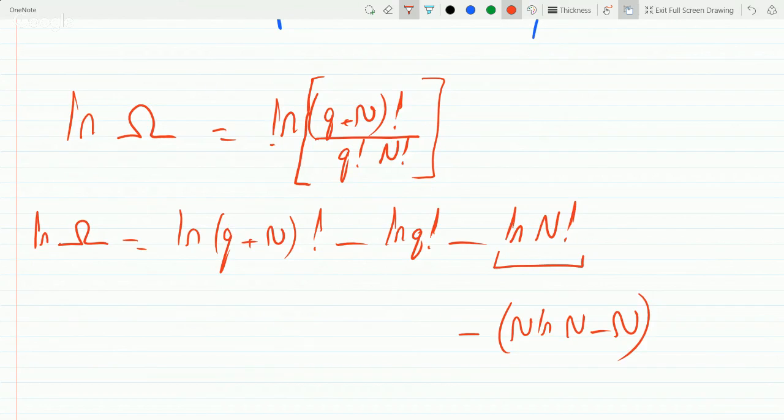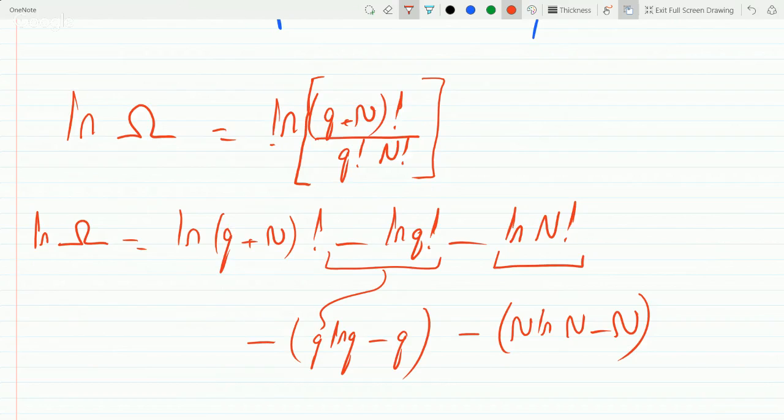The factorial goes away. And then we can do the same exact thing with this guy here. So this becomes minus (q ln q minus q).